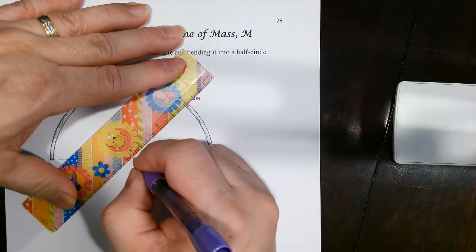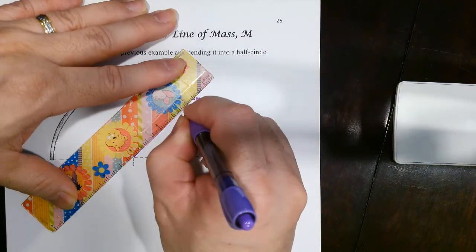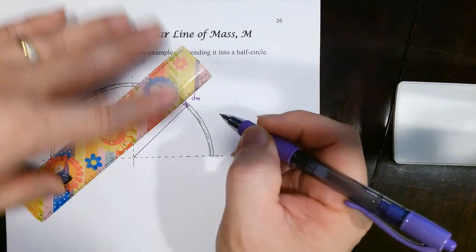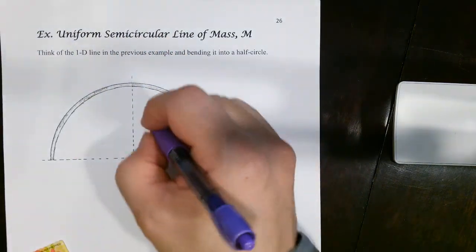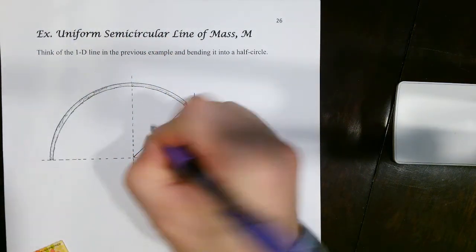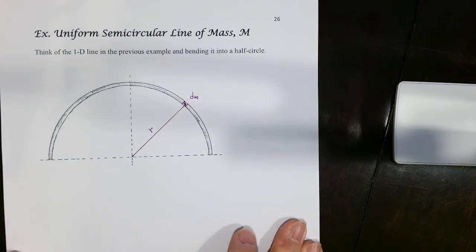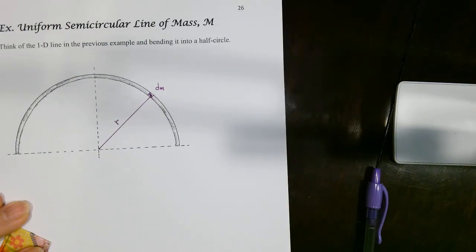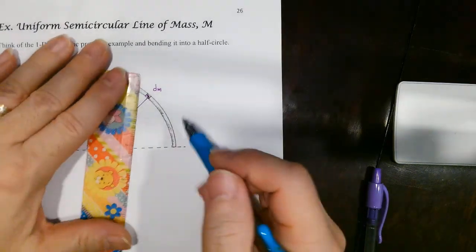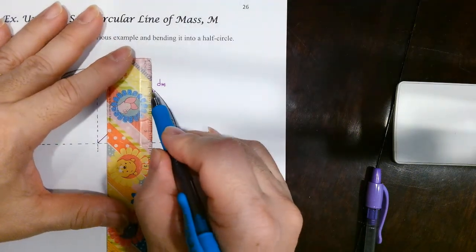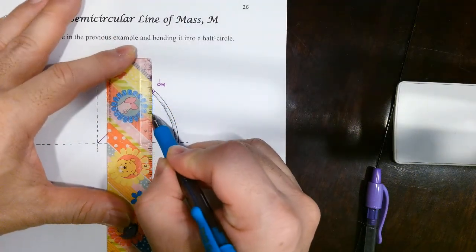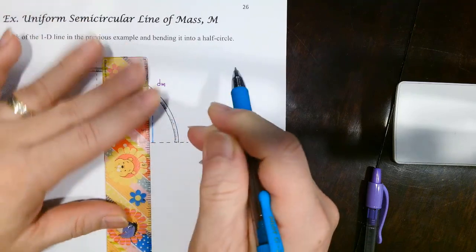All right. So here, this location of my dm is actually r distance away from the origin. And we all know that r can be represented in components of x and y, right?